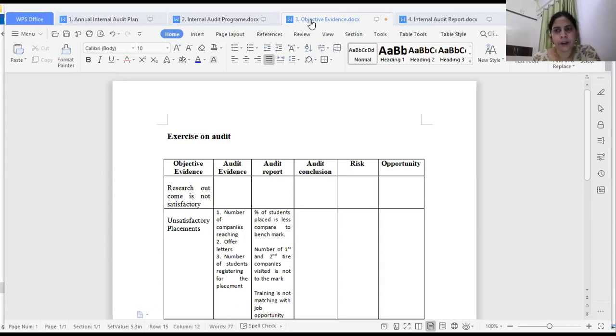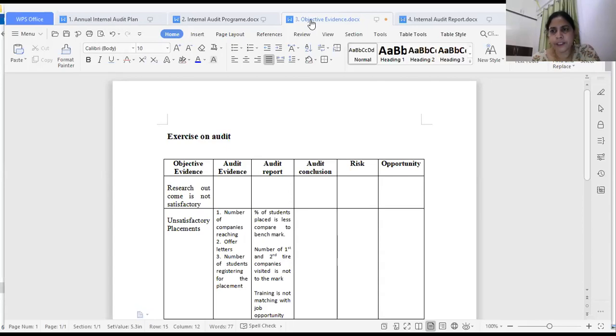Once I came across this: the placement head says that 93 companies have visited the degree block and BBA, BA and BCA students have been placed to around 80%.